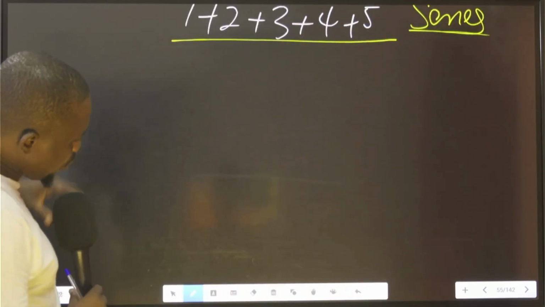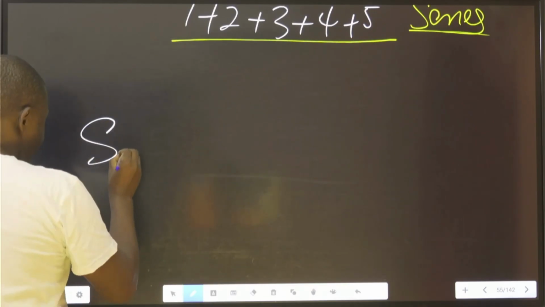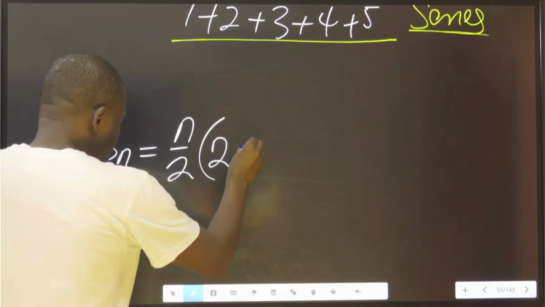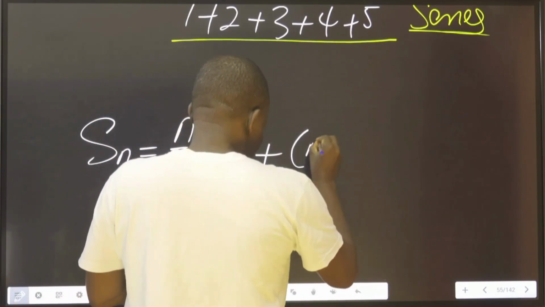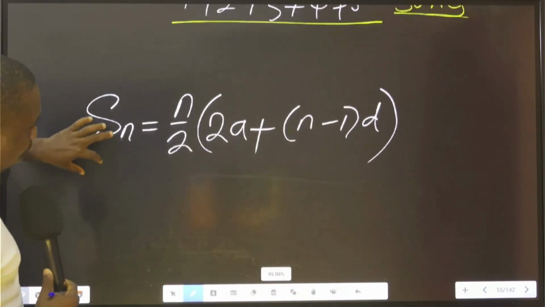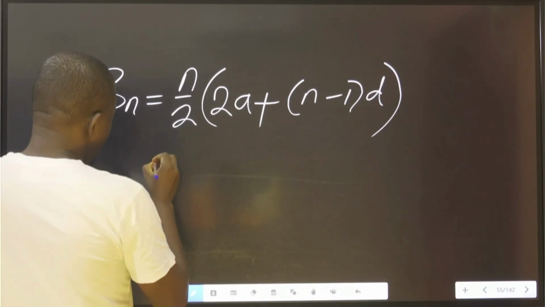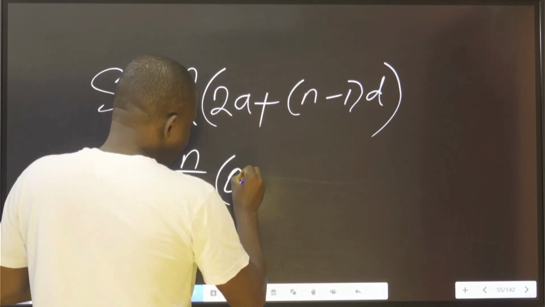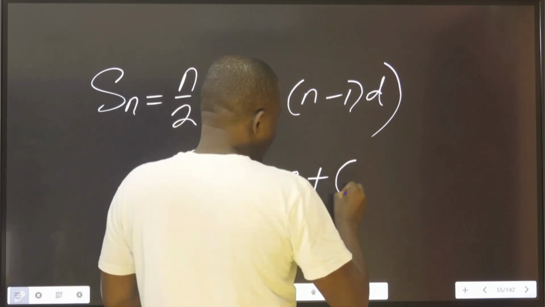Which formula are we going to use? We're going to use the sum of an arithmetic progression is n over 2, 2a plus (n minus 1)d. Okay? This is the formula. One thing I want you to notice here is this. I can write this now as a plus a. You agree with me, right?